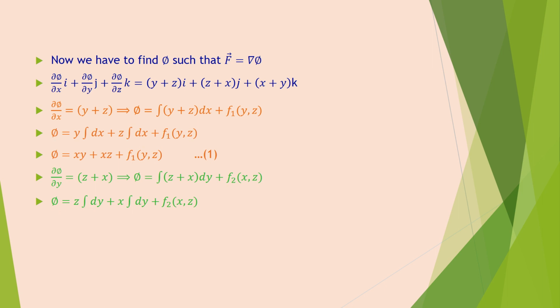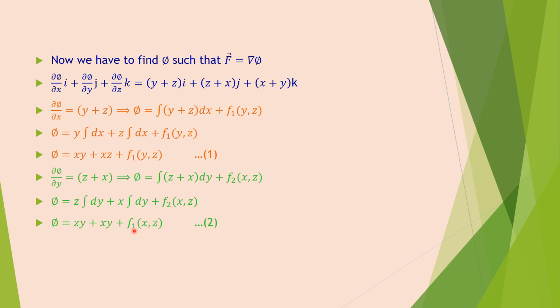Let me split the integration: z is constant and y is the only variable, so z into the integral of dy, plus x is constant since we integrate with respect to y, x into the integral of dy, plus f2 of x, z. So φ is equal to zy plus xy plus f2 of x, z.